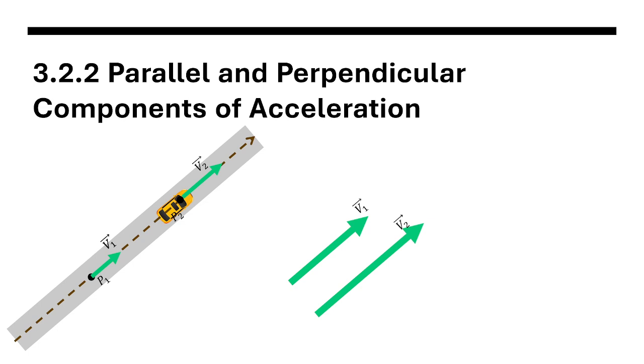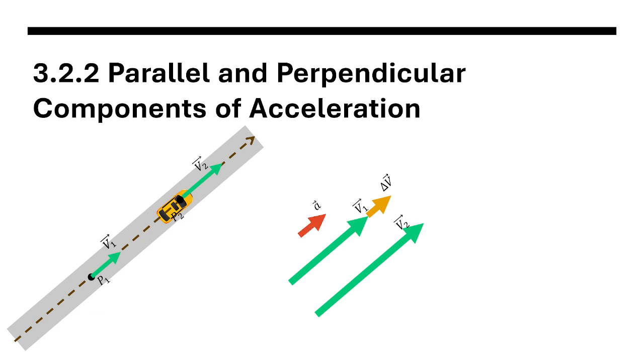So this will be our change in velocity, V2 minus V1. From our example in 3.2, the direction of the change in velocity is also the direction of our acceleration.